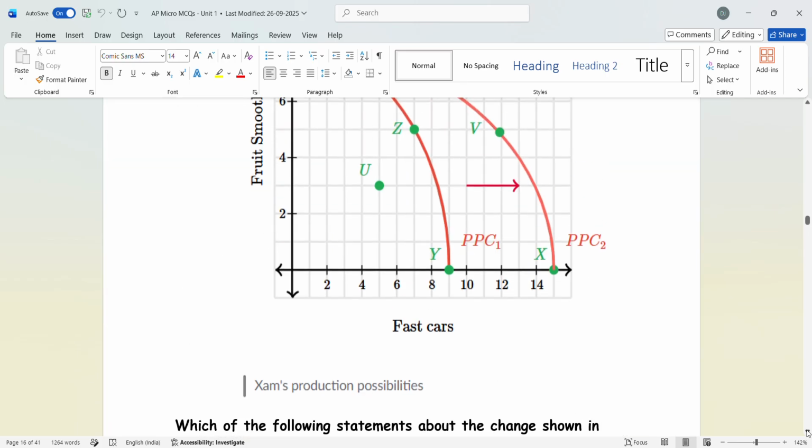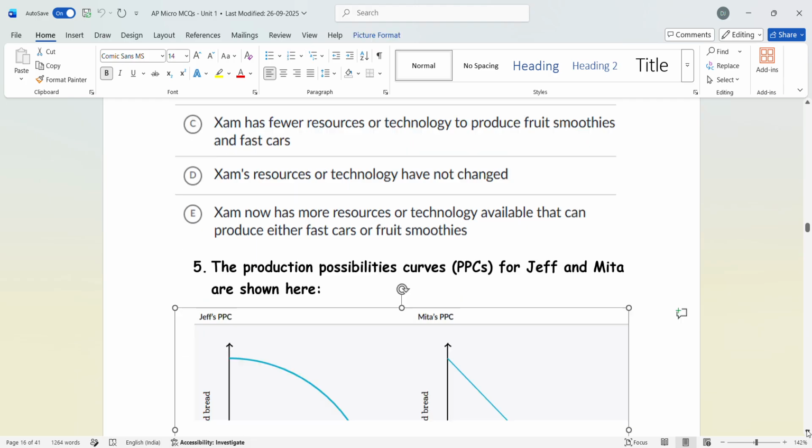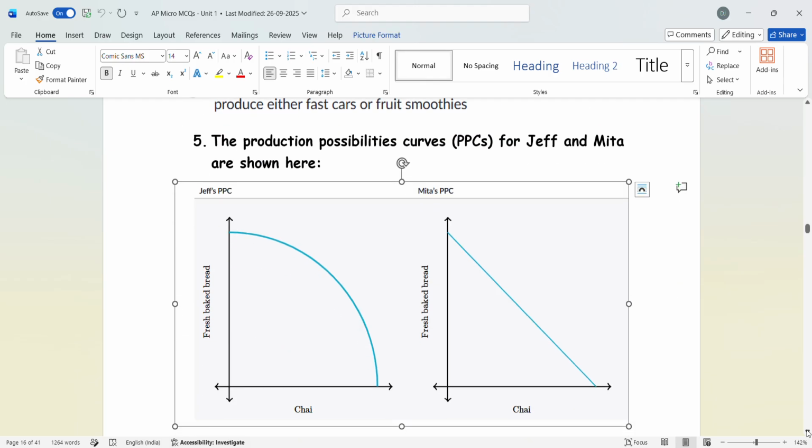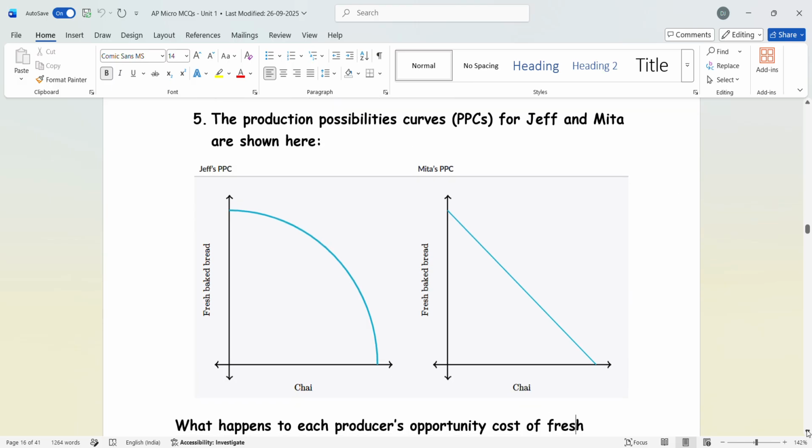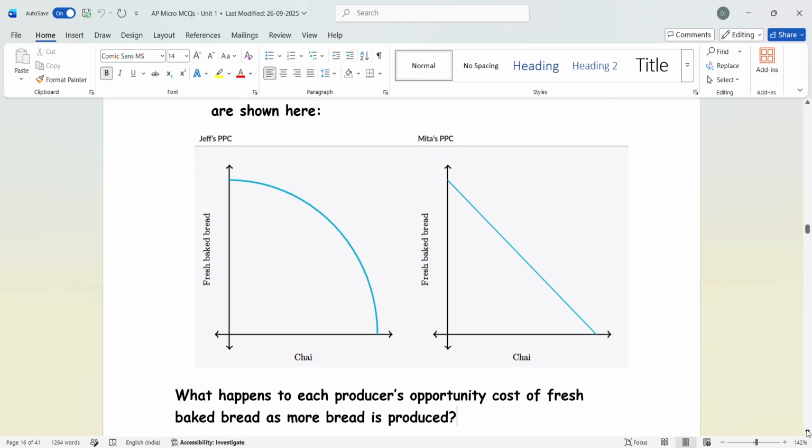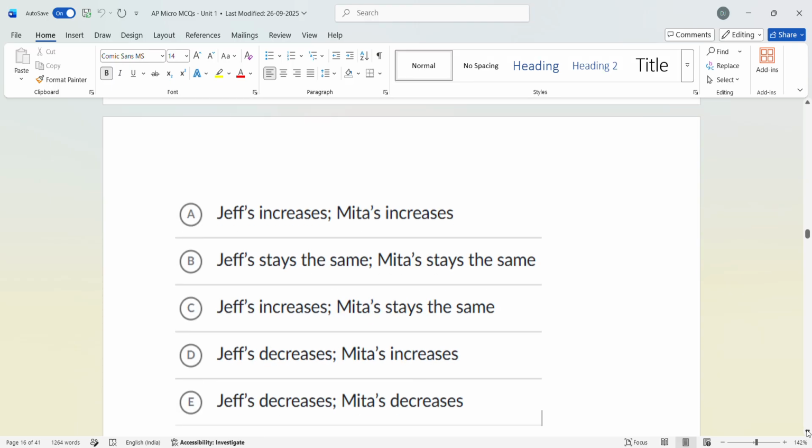All right. Option B. And the fifth one is the production possibilities curves for Jeff and Meta are shown here. So Jeff's is a concave shaped one and Meta's is a straight line. All right. What happens to each producer's opportunity cost of fresh baked bread as more bread is produced? Okay.